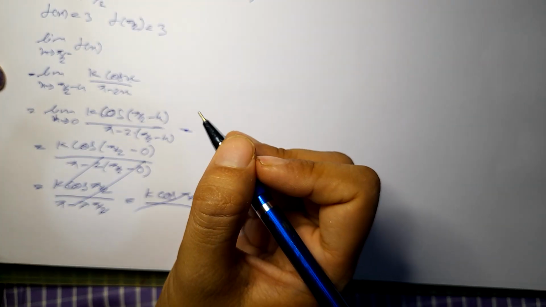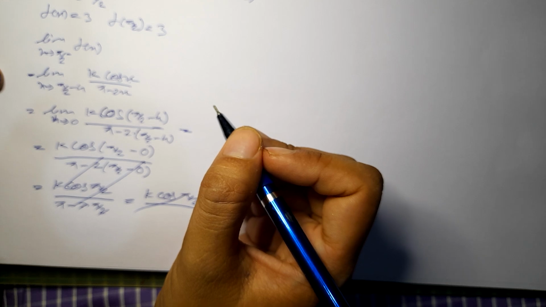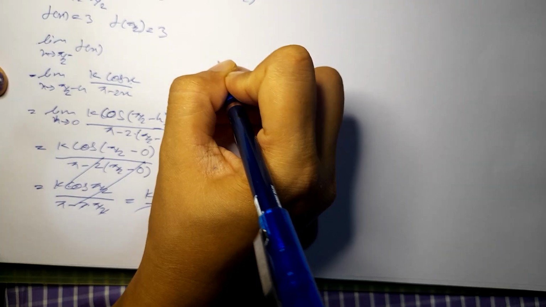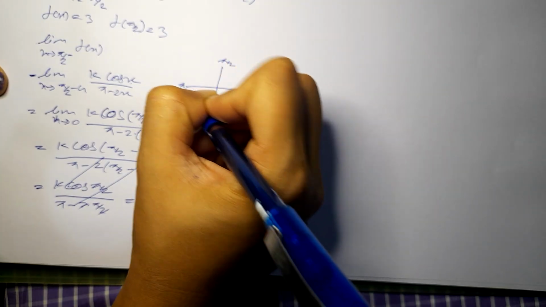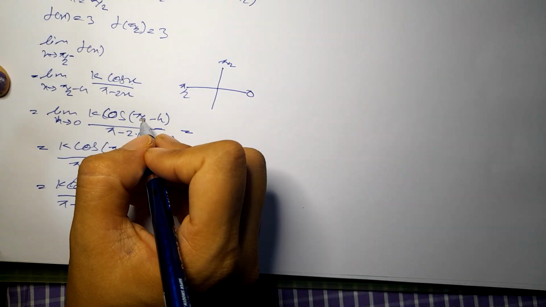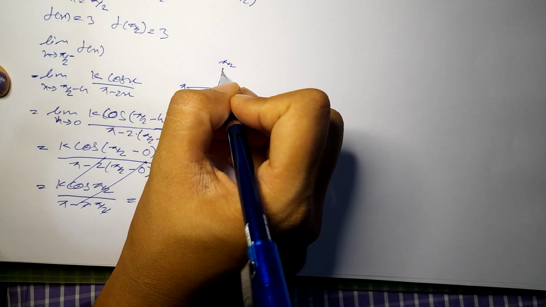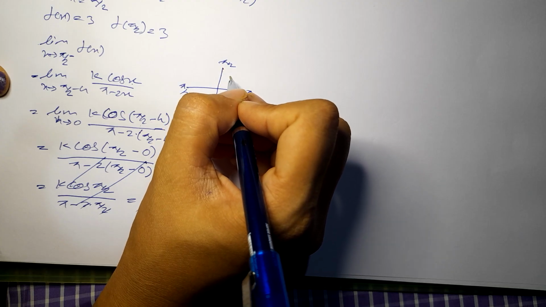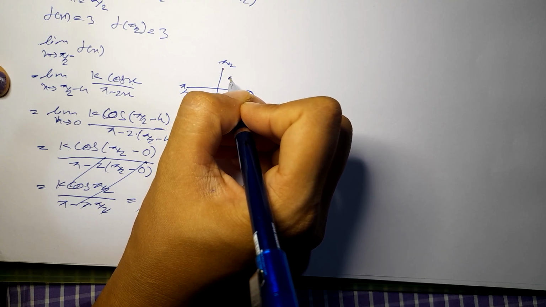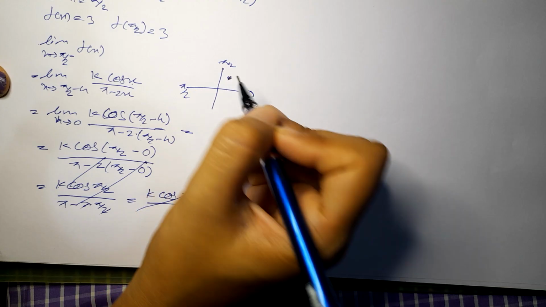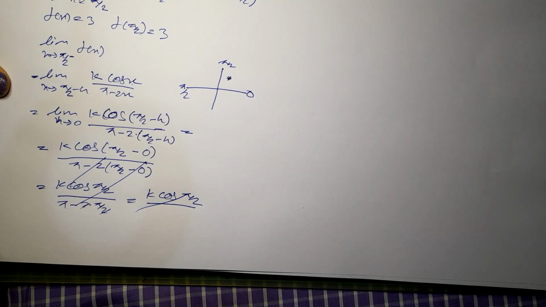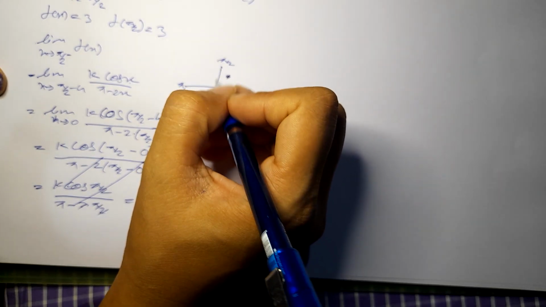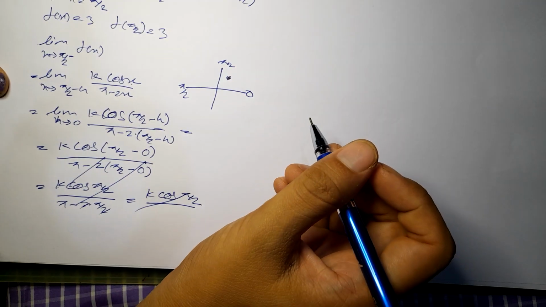So it was cos of pi by 2 minus h; we have to go by the quadrant. This is 0, this is pi by 2, this is pi. Now pi by 2 minus h: if you decrease from pi by 2, it will come here in the first quadrant, where everything is positive. Whenever it comes to this axis, pi by 2, the sign will change to the co-function.